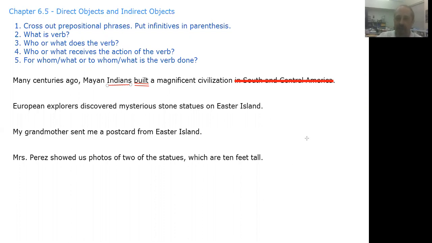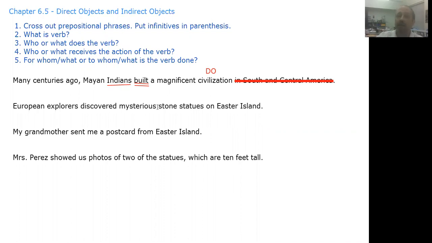They built a civilization. And that, my dear students, is a direct object. Boom. If I ask for who or what this verb is done, there's no indirect object in this sentence. I'm done with this sentence. Many centuries ago, we're not worried about Mayan, not worried about adjectives and adverbs and things like that. We will get to that at later dates.